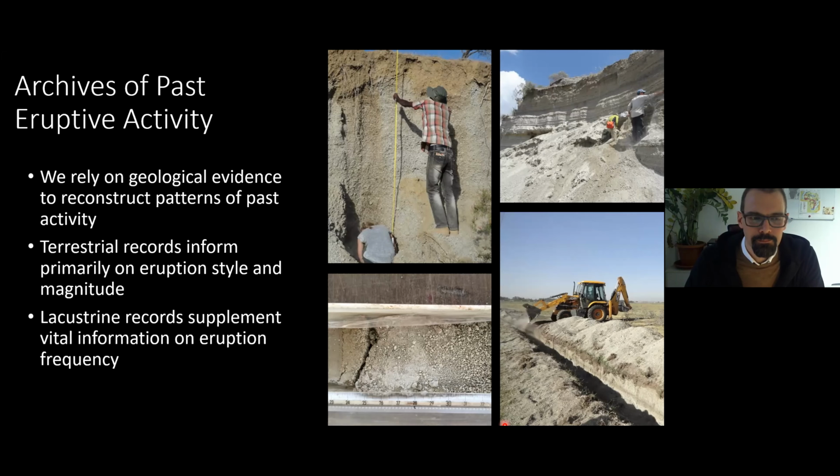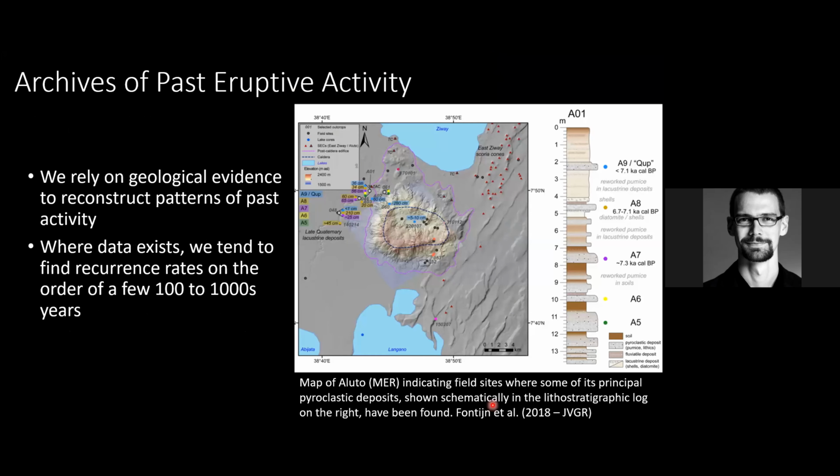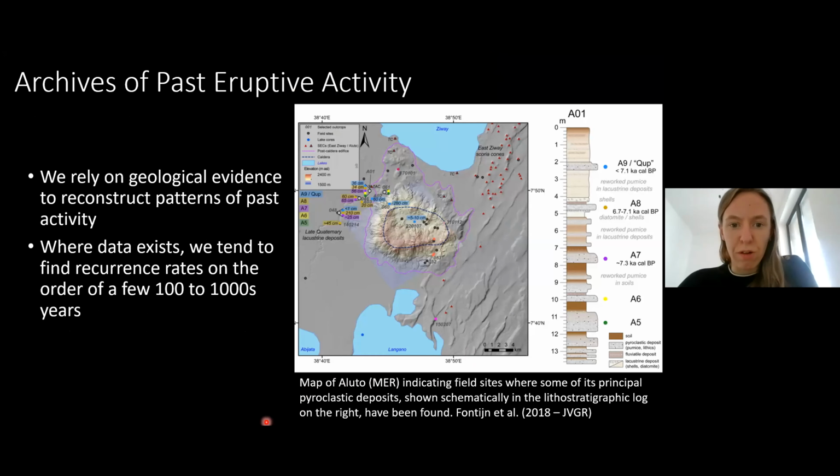Okay. And so in places where we have these reconstructions, where we've got a fairly good understanding of the eruption history, we tend to find recurrence rates on the order of a few hundreds to a few thousands of years, and I should mention that this is specifically for explosive eruptions of the silicic magma, so the rhyolites and trachytes.